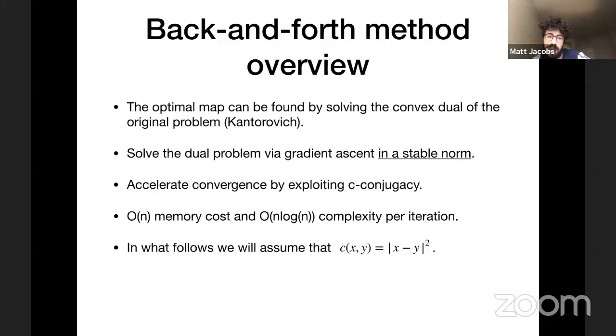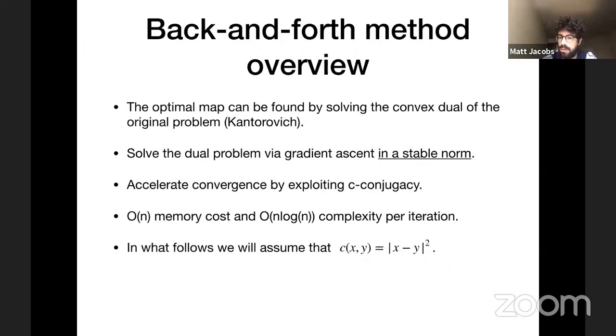And the point is, if I have measures that are sampled on a grid with n points, then I only need O(n) memory, and I can also solve the problem in O(n log n) complexity per iteration. So the method is scaling really nicely with the problem size.